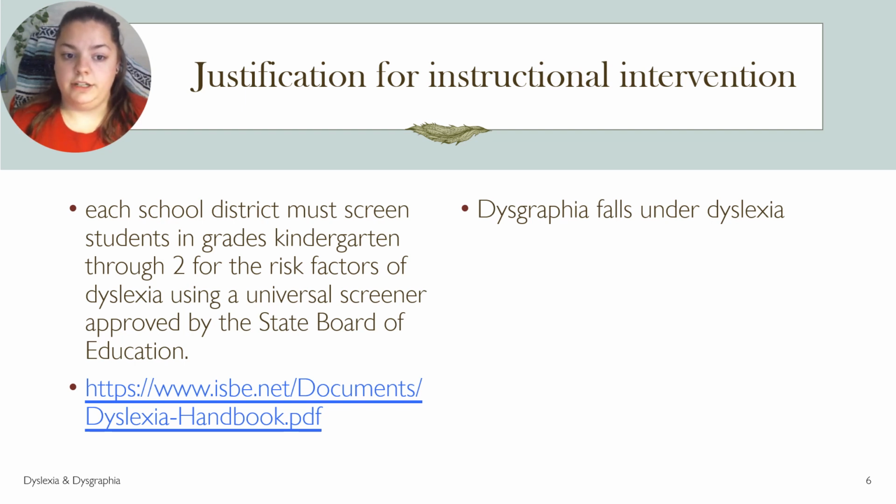I mean, they're looked at every year, but this is the overall justification for instructional intervention, because in the state of Illinois, we have to screen our students in order to figure out how to best support them, overall, for dyslexia and dysgraphia.